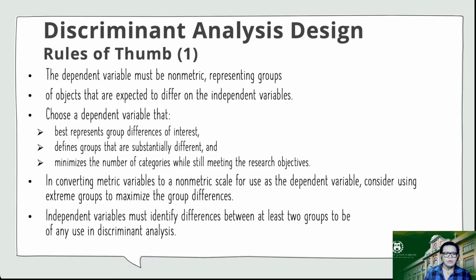So with that, in converting metric variables to a non-metric scale for use as the dependent variable, we always consider using extreme groups to maximize the group differences. At the same time, independent variables must identify differences between at least two groups to be of any use in discriminant analysis. That is why this falls into multivariate analysis.